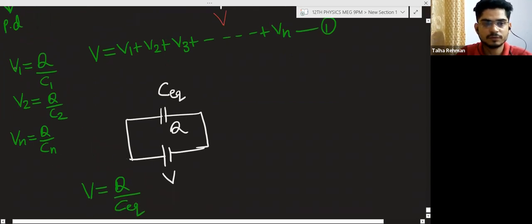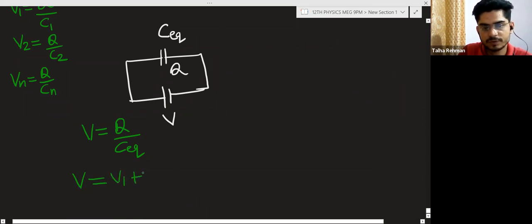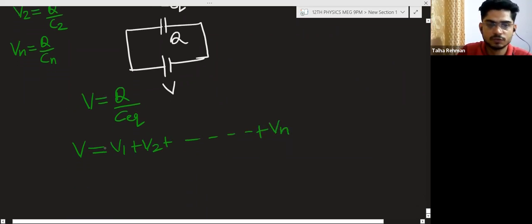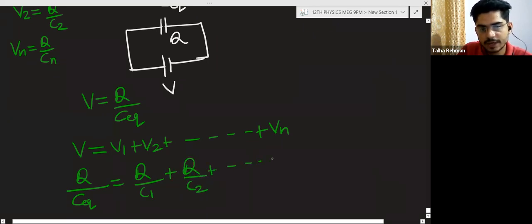Now put V1, V2, V3 in this equation: V equal to V1 plus V2 plus Vn. So what is the value of V? V is equal to Q by C equivalent, V1 is equal to Q by C1, V2 is equal to Q by C2, and Vn is equal to Q by Cn.